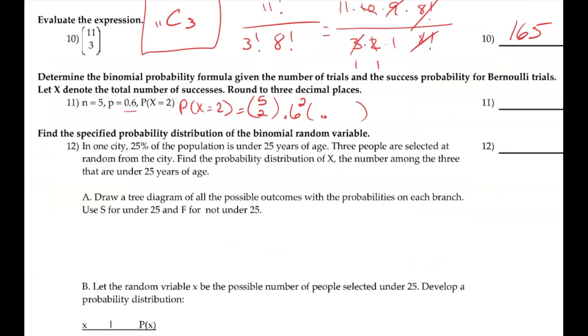So I have 0.4, and then of course N minus X, 5 minus 2 is 3. So that's my formula. Remember, N is 5, P is 0.6, X equals 2, and then 1 minus P is 0.4, and of course N minus X equals 5 minus 2 is 3.